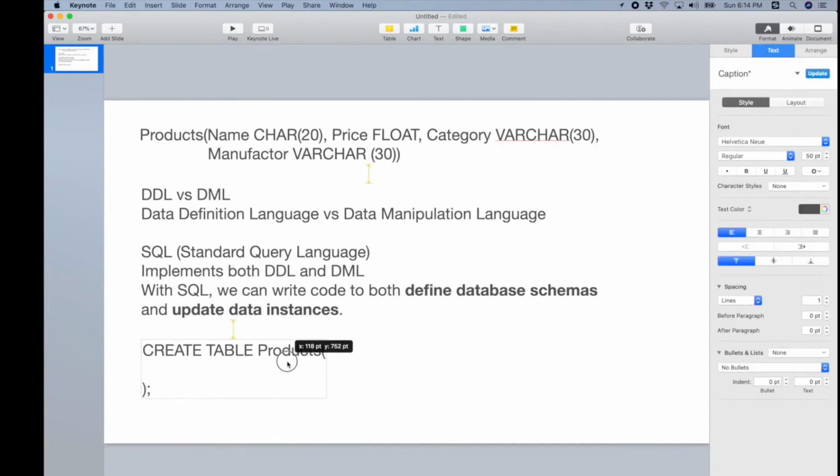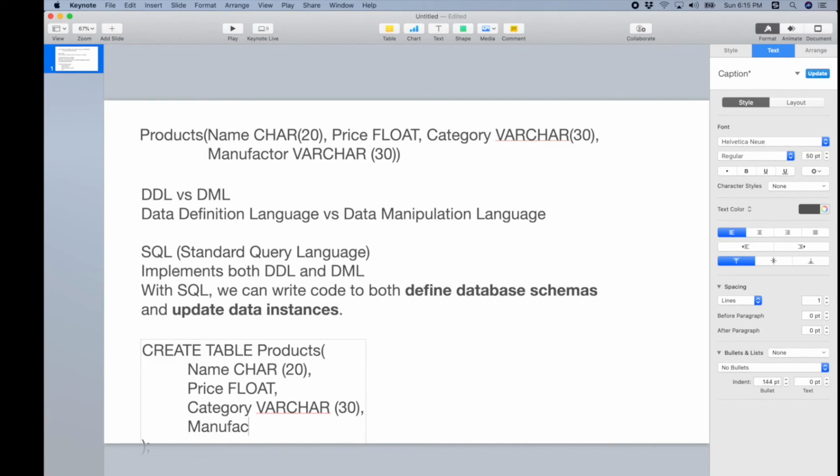The first attribute we have is name. Its type is CHAR 20. We have a comma here. The second attribute we have is the price. The third one we have is category. It's a VARCHAR 30. And the last one will be the manufacturer, VARCHAR 30 as well.